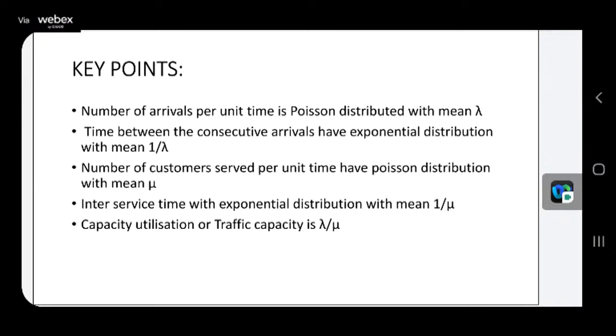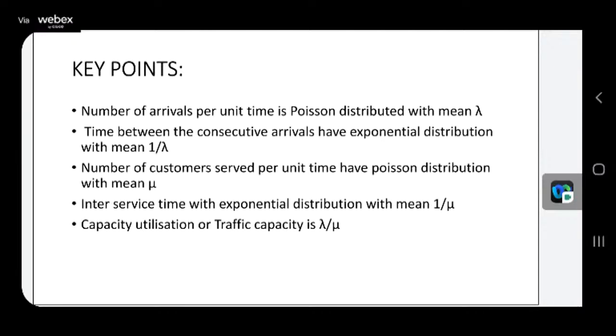One of the best things to tell about this capacity utilization or traffic utilization is that it is a major business tactic to improve business. If there are more arrivals and the service rate is very low, meaning fewer people are served in a particular time, then customers will tend to switch over to another provider.